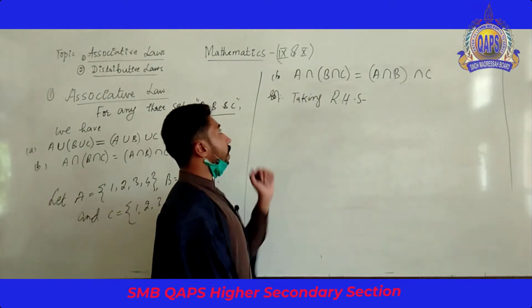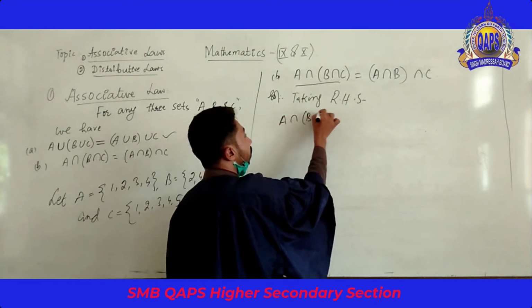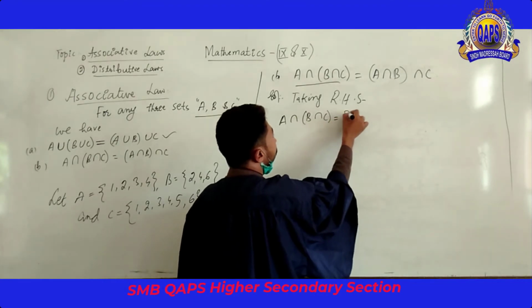This first one is the right hand side. So here A intersection B intersection C is equal to question mark.